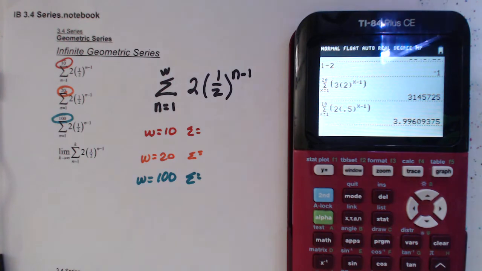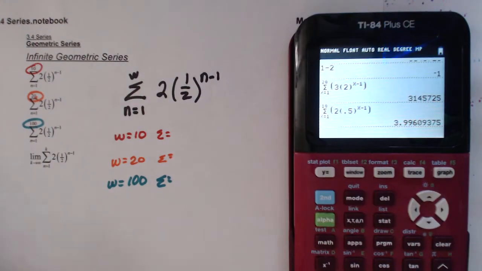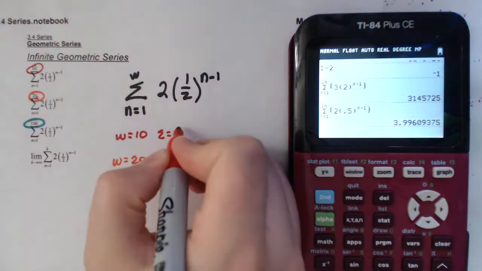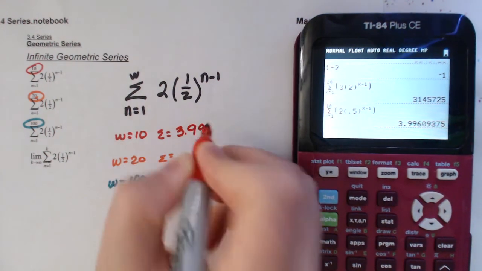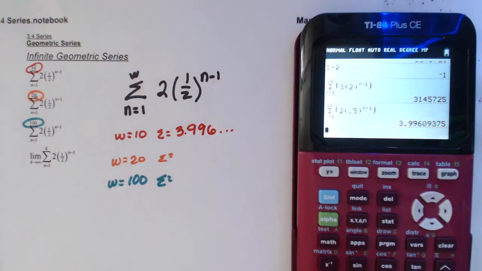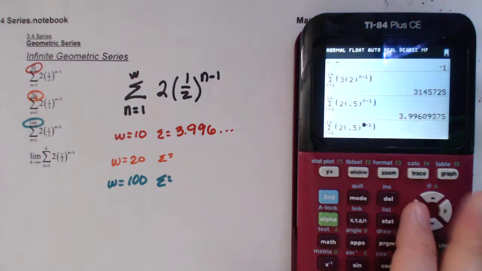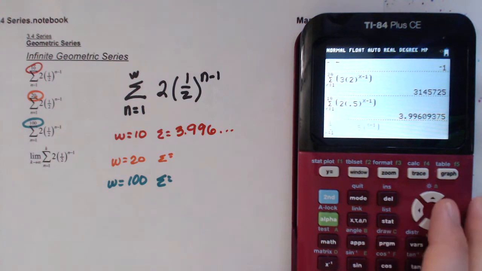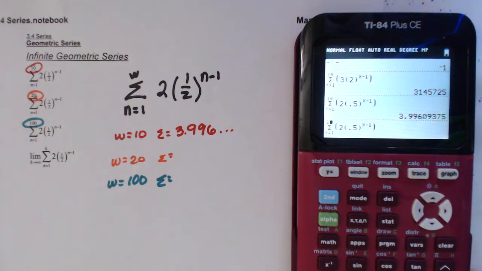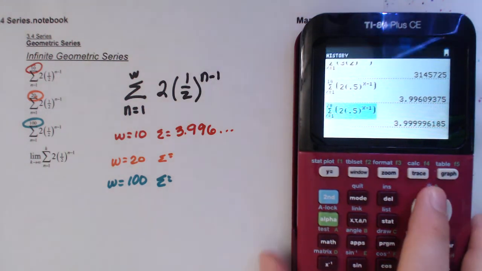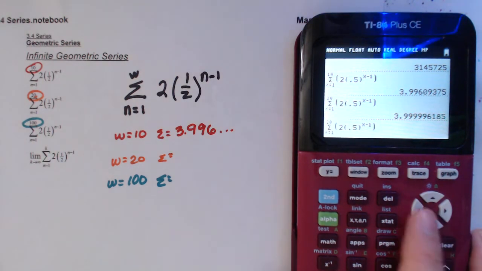So 3.996 stuff. And then we're going to do the same thing, but now we're going to do 20. And 100.